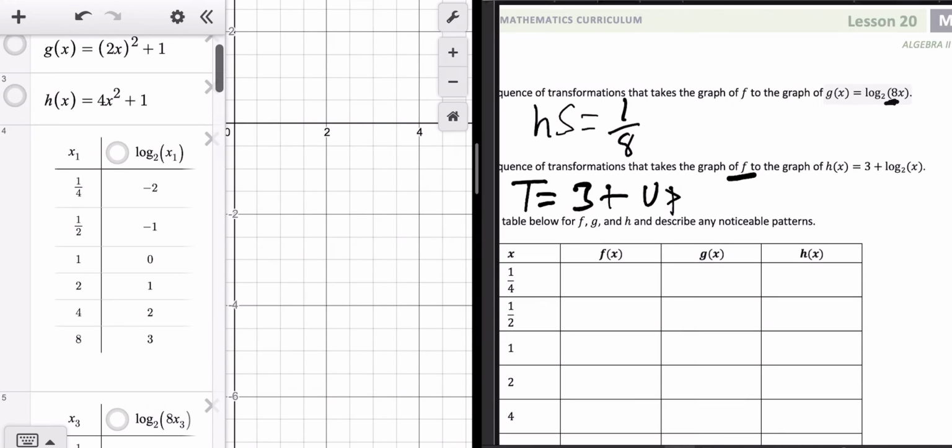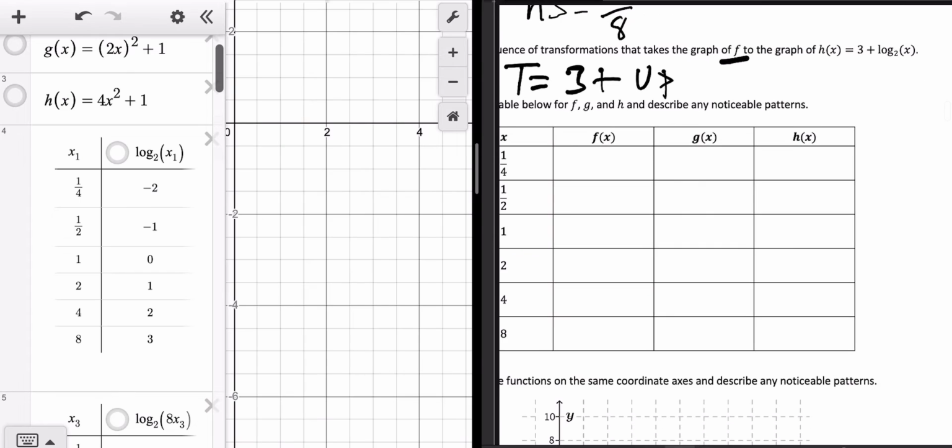Now, it's going to want you to graph these and notice the patterns. Well, it just wants you to write these in.